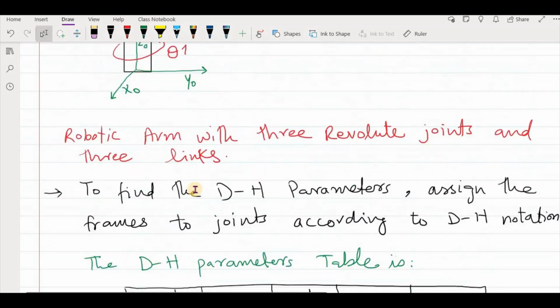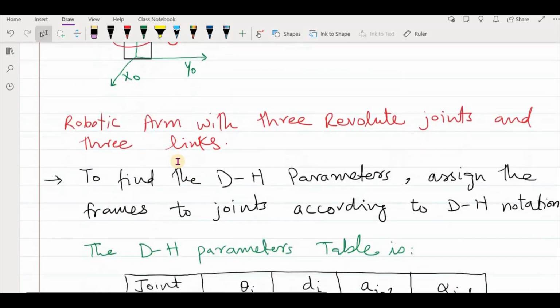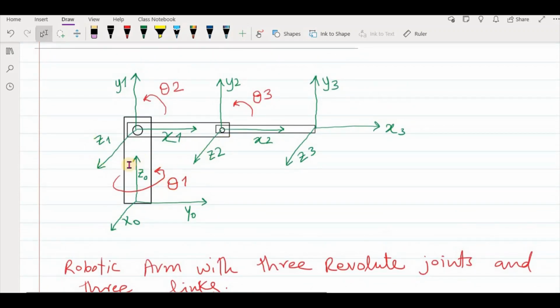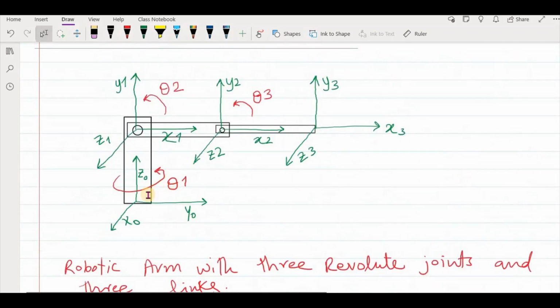I mentioned that the angle theta is the angle between the x-axis of the previous frame and the current frame, but this is not true. The angle theta is actually the angle about the z-axis, about which the joint is rotating.